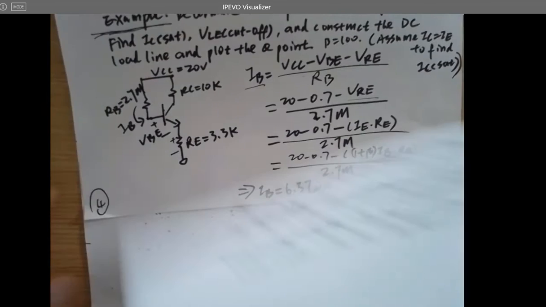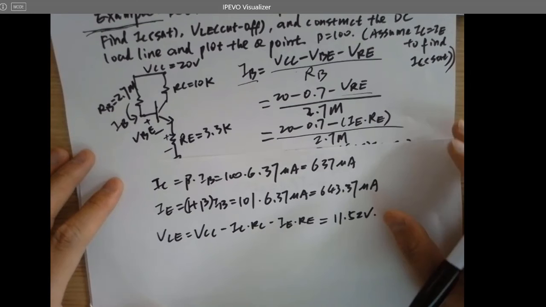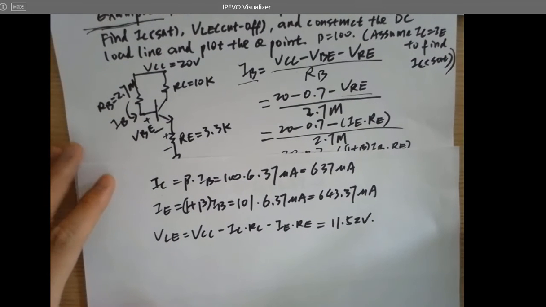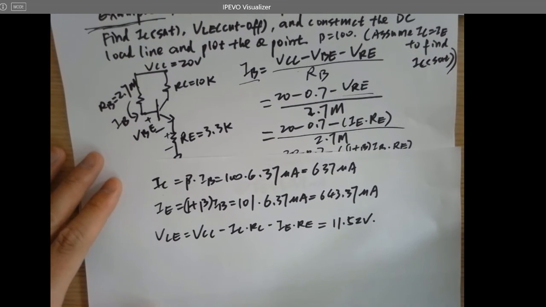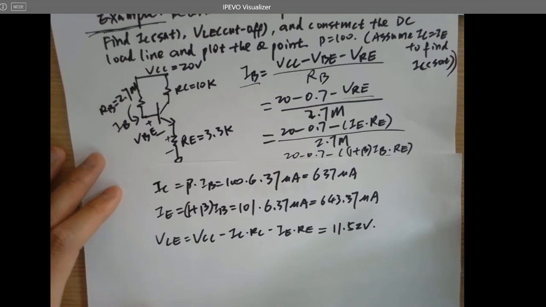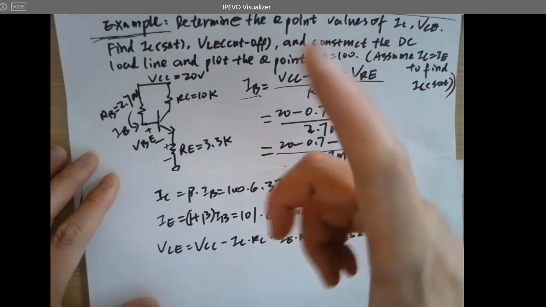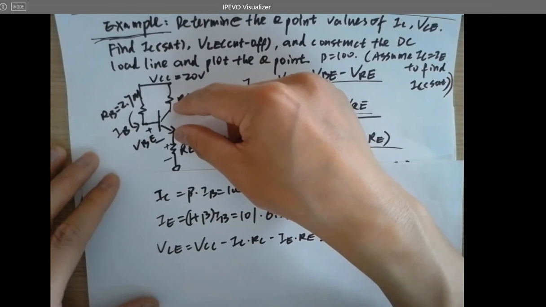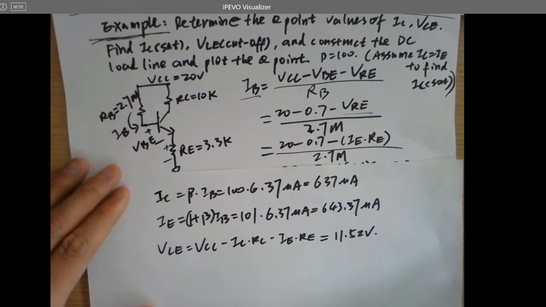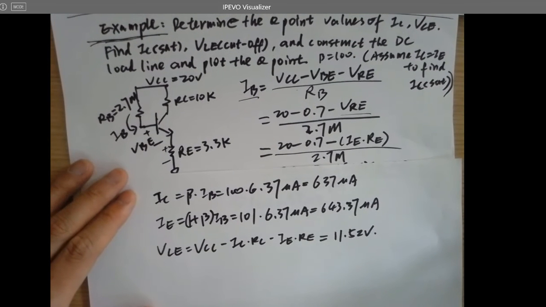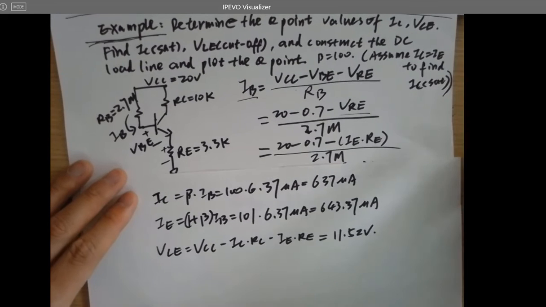So now let's calculate for IC set. How to do that? Keep in mind, when you are calculating for IC set, you assume VCE to be 0. It's pretty simple, right?